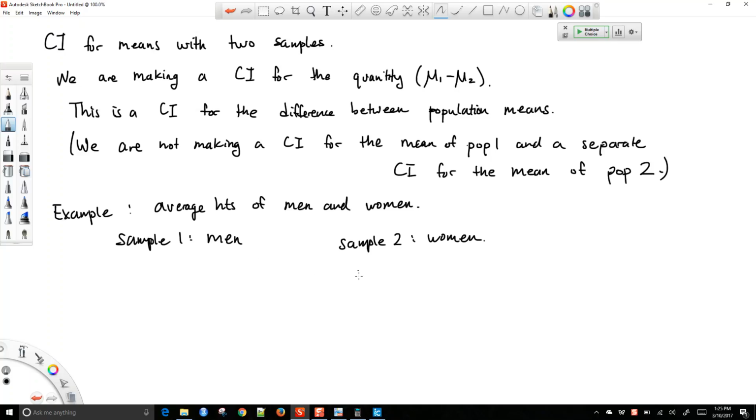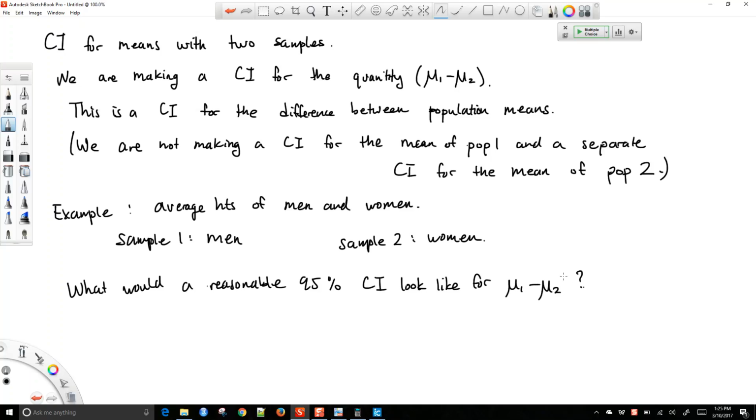I don't need to give you any numbers here, just what would a reasonable 95% confidence interval look like for mu1 minus mu2?